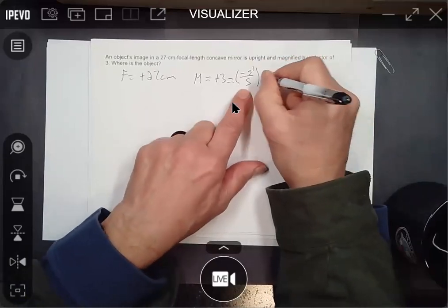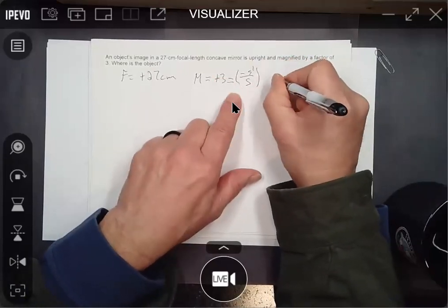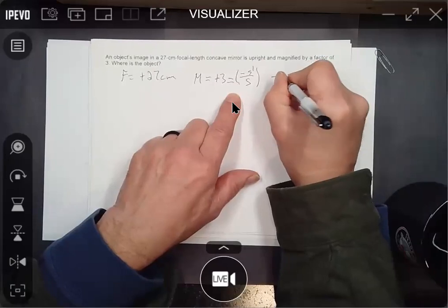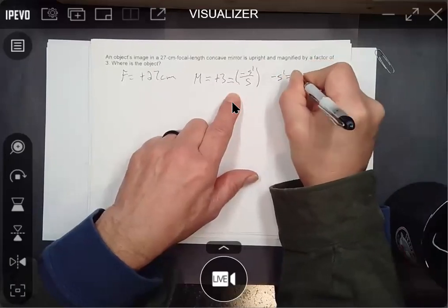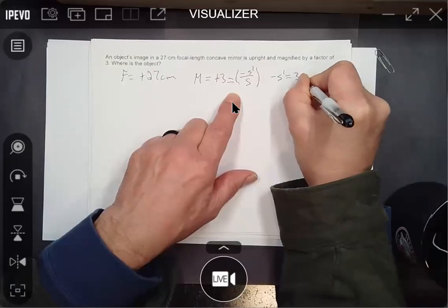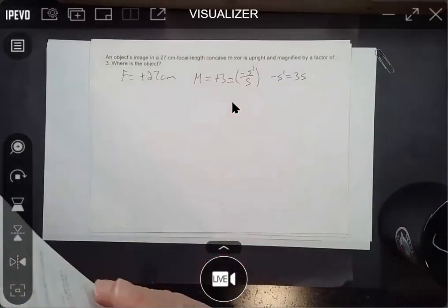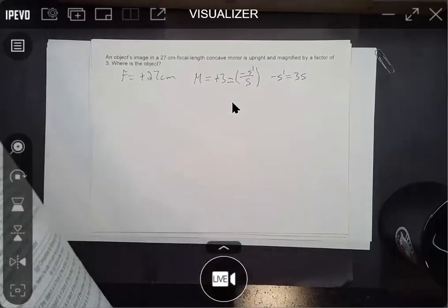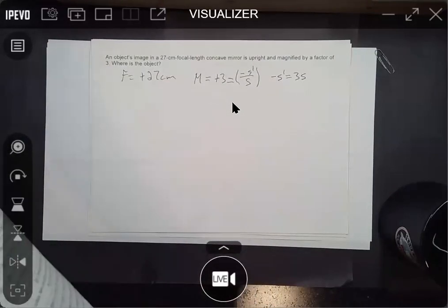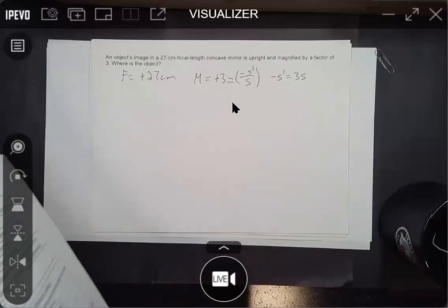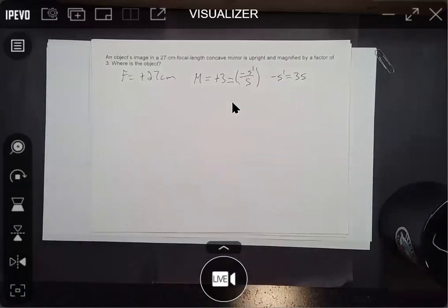I can multiply out from underneath by S, and I'd get minus S prime is equal to 3S. And so that's something I can do. I haven't had to use a calculator yet on these problems, I don't think. I'll hang on to that stuff.